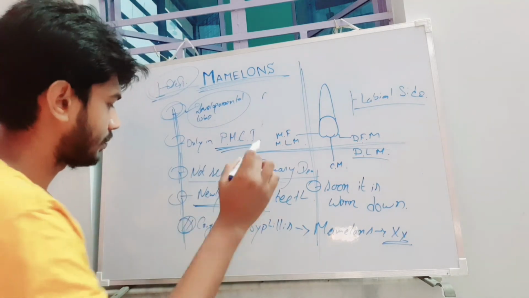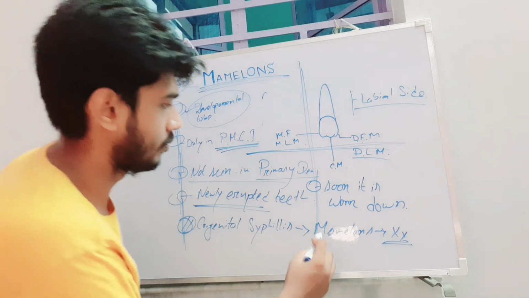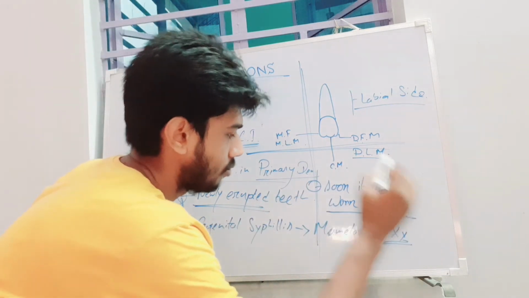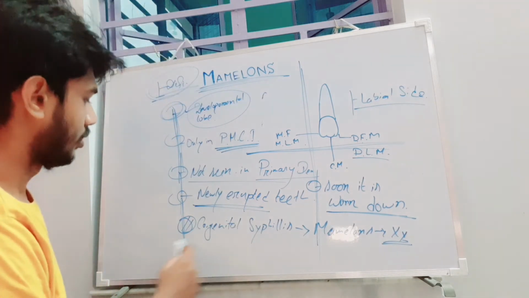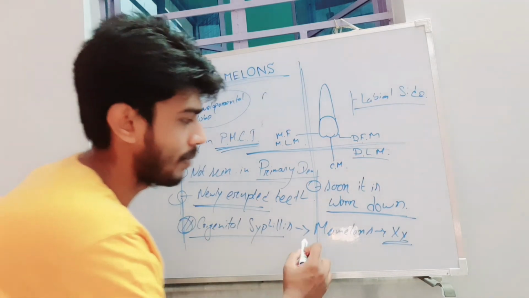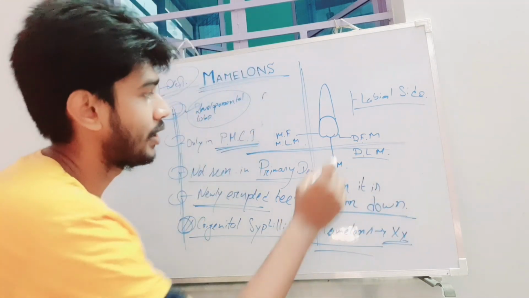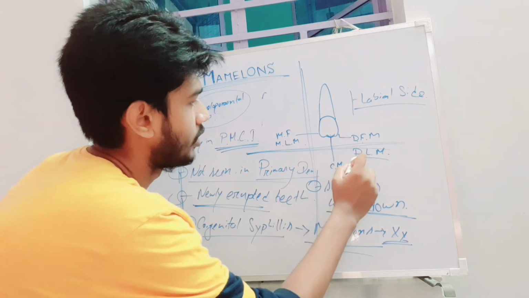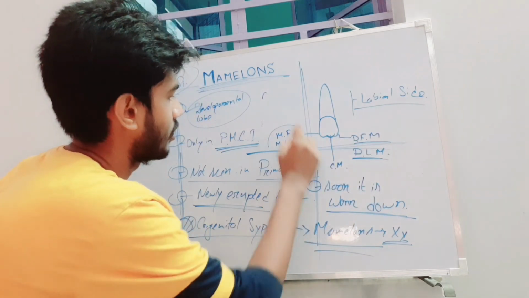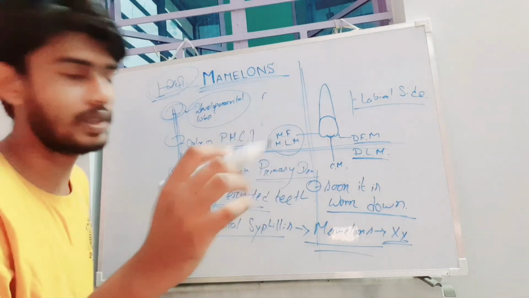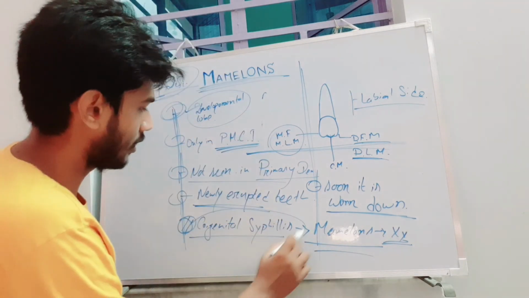After erupting, within some days, it is soon worn down or disappears. The last one: in congenital syphilis, mamelons are absent. This is the central mamelon, this is the distolabial or distofacial mamelon, and this is the mesiofacial or mesiolabial mamelon. These mamelons are absent in congenital syphilis.